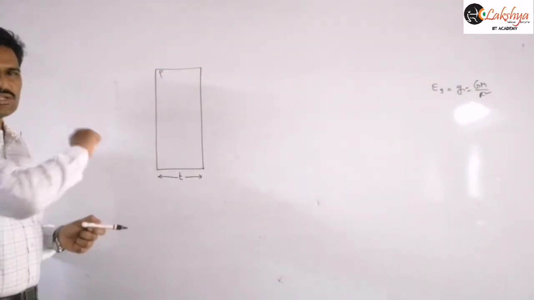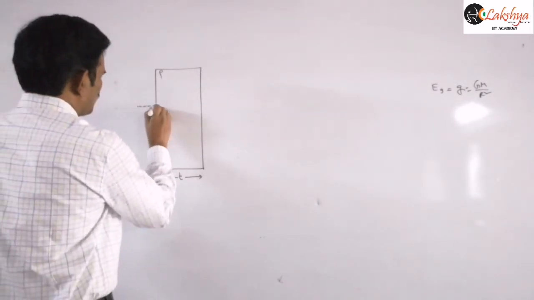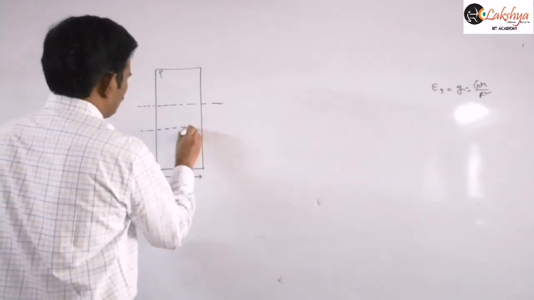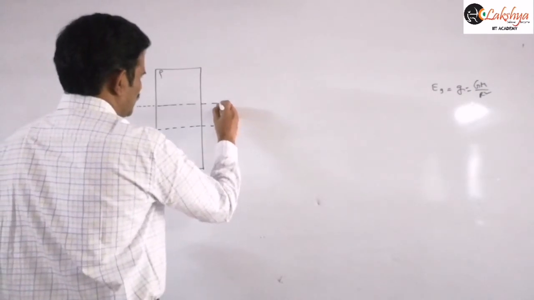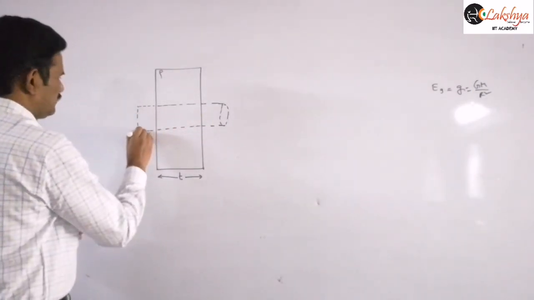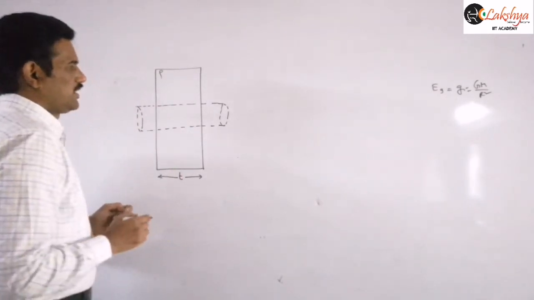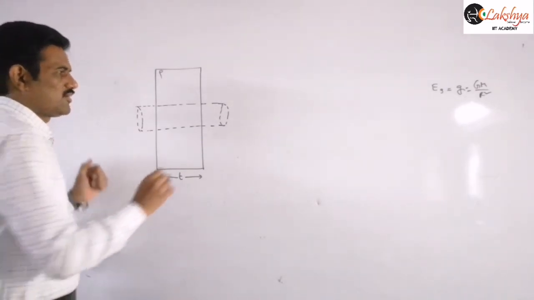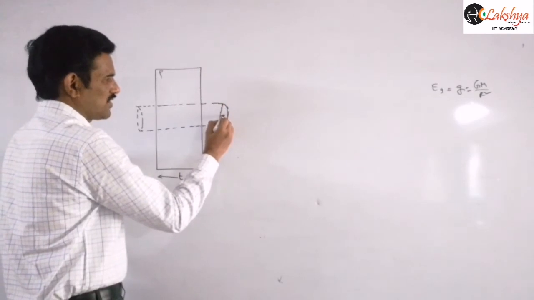We take the Gaussian surface in the form of a cylinder, like this. Now we need to do the flux calculation, and before that, let us identify the direction of the gravitational field.